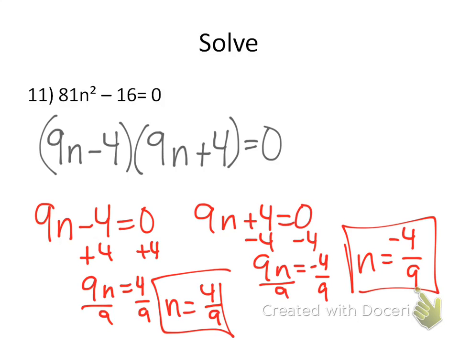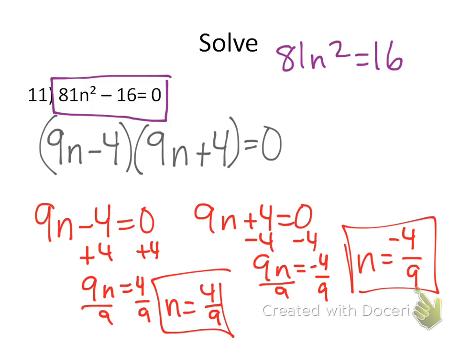Now, I want to show you something cool that students often don't realize. Do you know how to solve this in another way? What if we added 16 to both sides? And then we divide by 81.